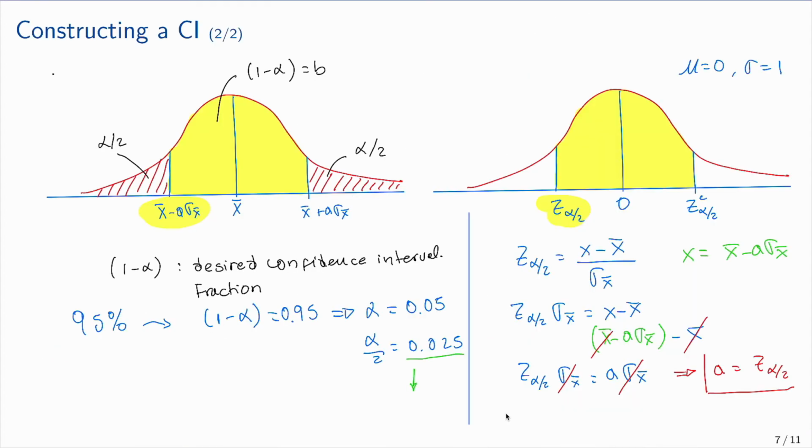So this corresponds to z of alpha over 2 equal to minus 1.96. So our interval of confidence will be equal to x bar plus or minus 1.96 sigma of x bar.